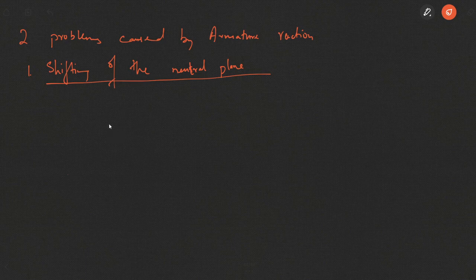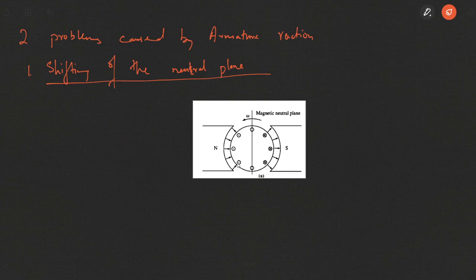If we take, for example, this is the North Pole and the South Pole, a two-pole DC machine, with the armature and the conductors placed in between.